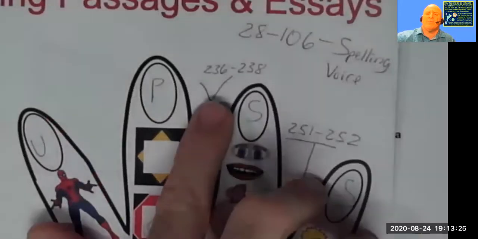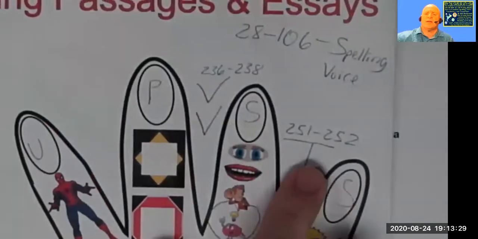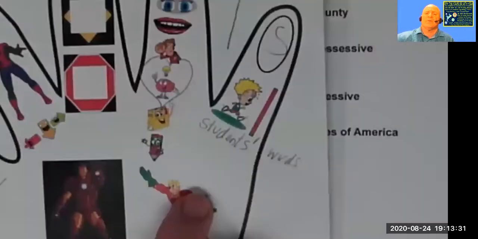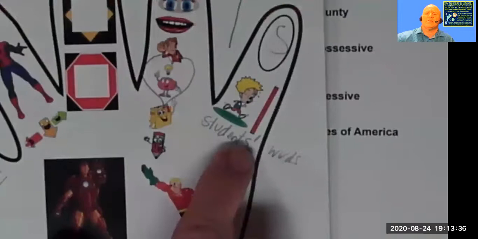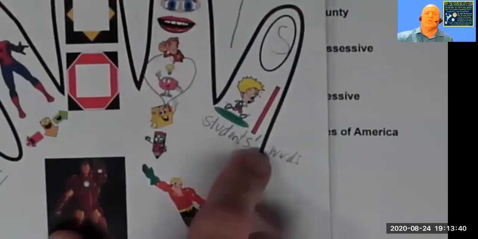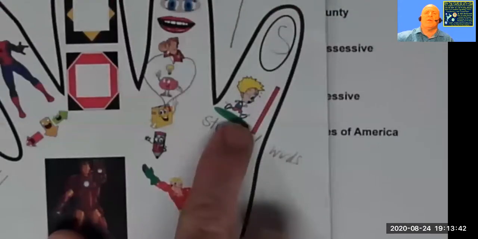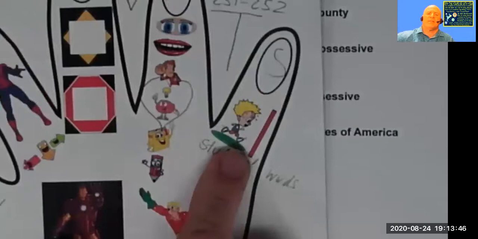Does this have my voice? Or is this a transition word I can use? Or is this a spelling word that we, the students, it's the students' apostrophe word? That means you kids came up with at least one word each following that spelling pattern.